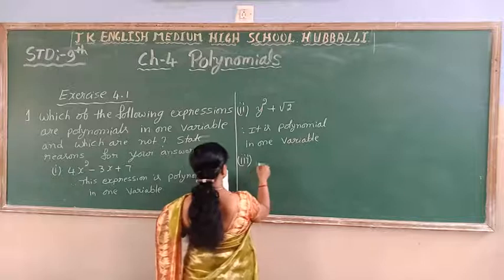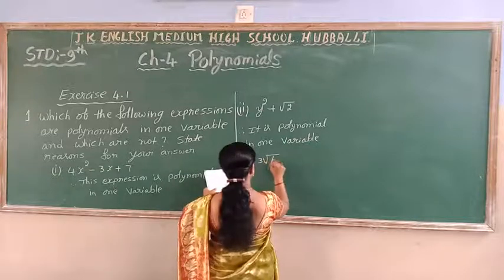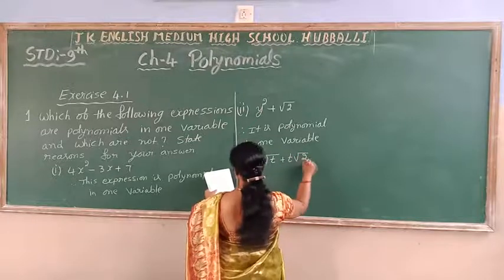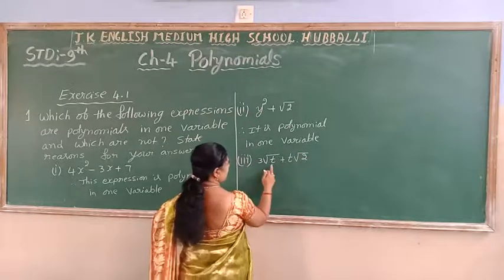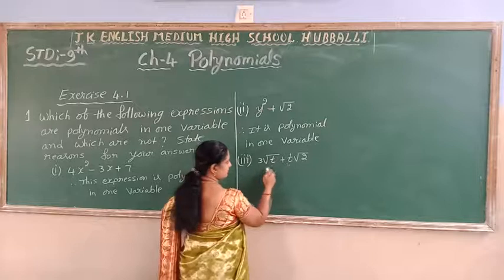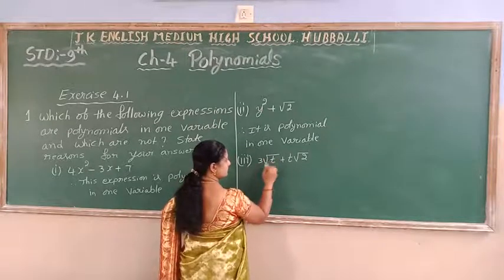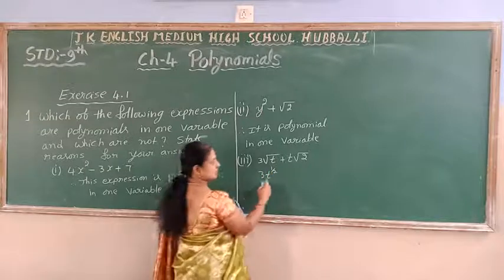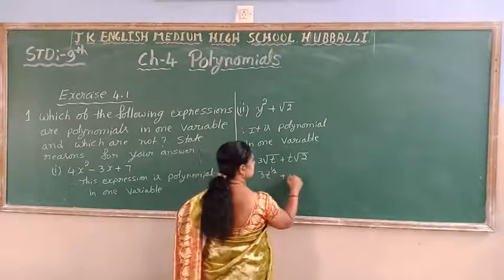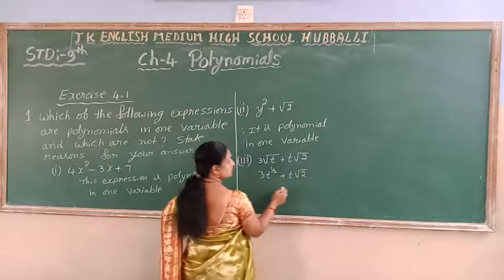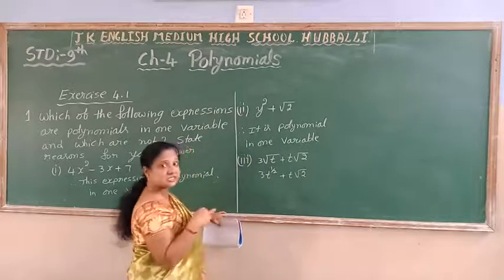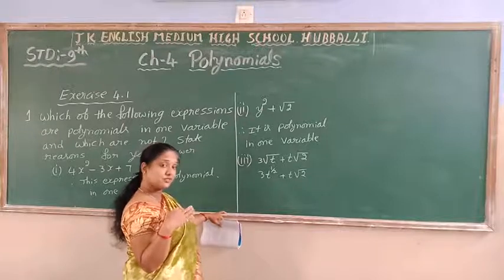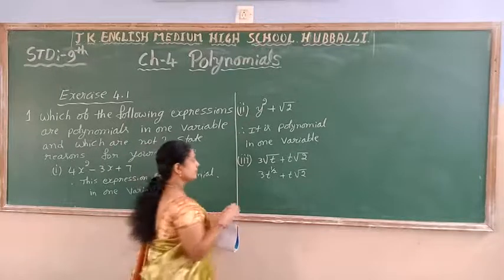Third question is 3 root t plus t root 2. Here see, variable is one, but if I write it in exponential form, t to the power half, it becomes t root 2. To say it is a polynomial, power should not be fractions. Power should be a whole number.